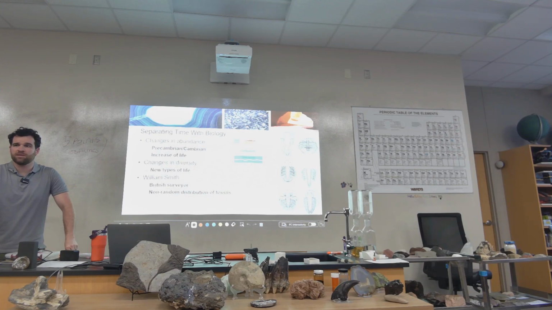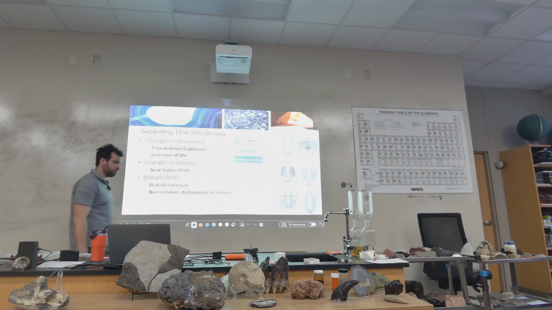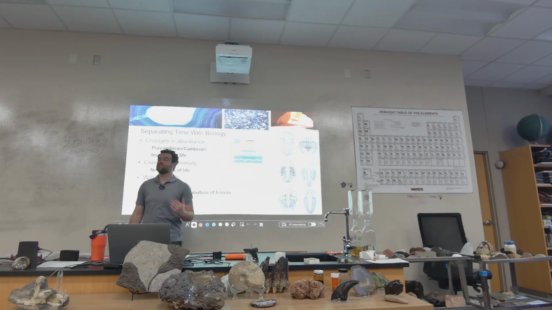Because if they were mixed, that would mean everything was living at once. By finding layers of rock that contained one type of life but not another, he essentially said, or proved, there is a sequence to life through time, being the important factor. Okay?